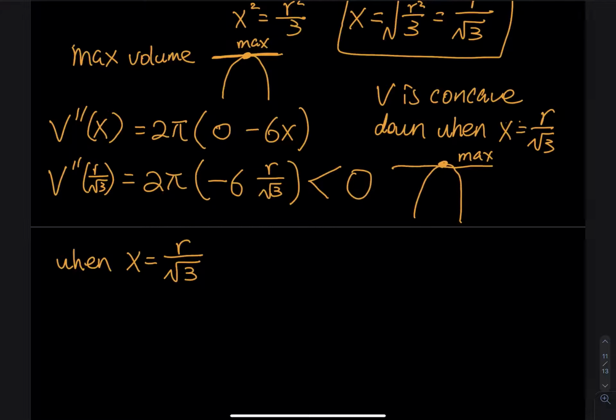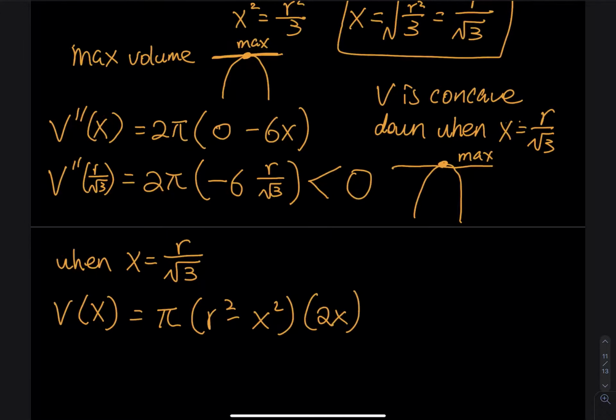So the volume function, you don't have to look up. I will copy the function for you. So v of x is equal to pi times r squared minus x squared times 2x, and then you know what x is.